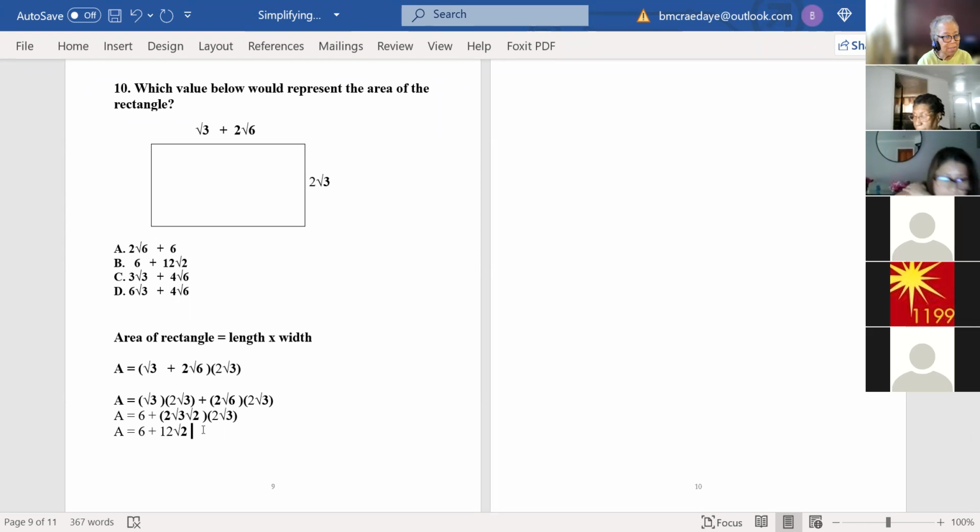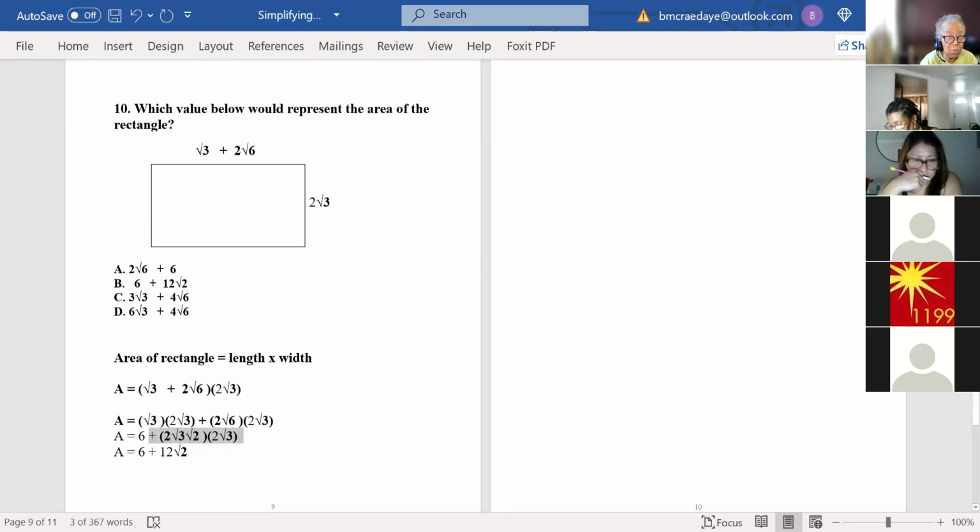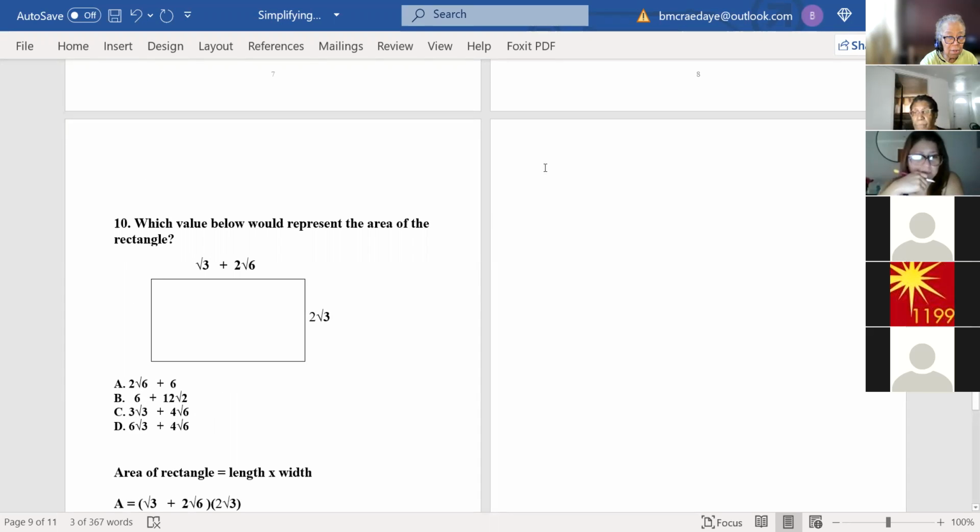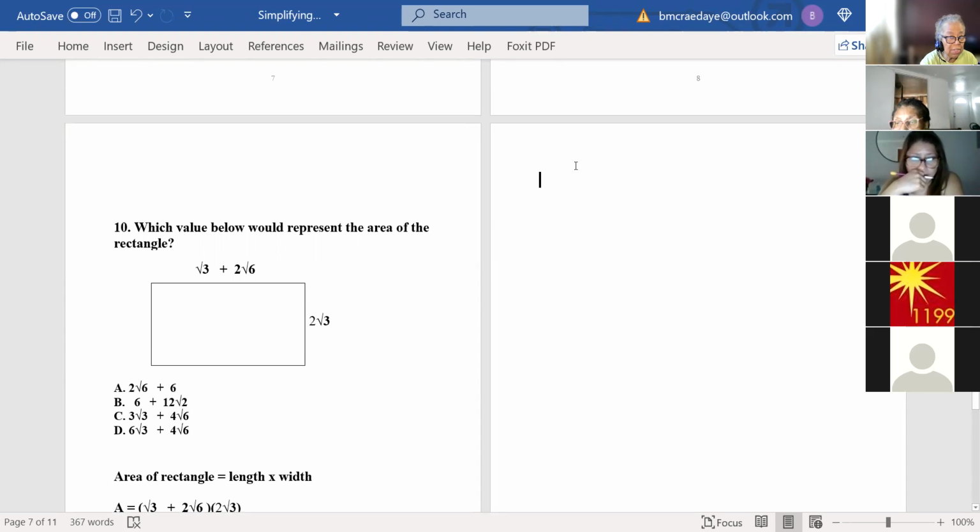Does everybody understand how I went from here to here? Because I can break it down. Let me just take this and copy it on the next page and show you how I went to 12. Let me just take it in steps.